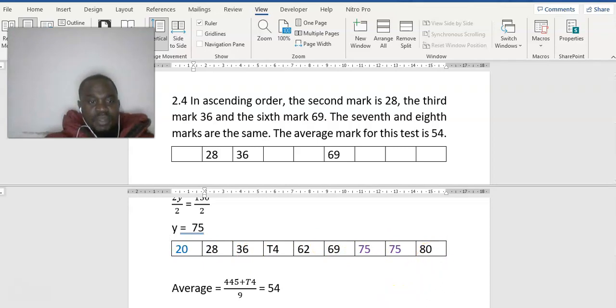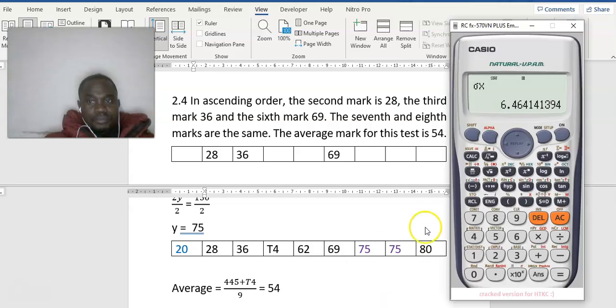So let's add all of them: 20 plus 28 plus 36 plus 62 plus 69 plus 75 plus 75 plus 80, and this gives us 445.